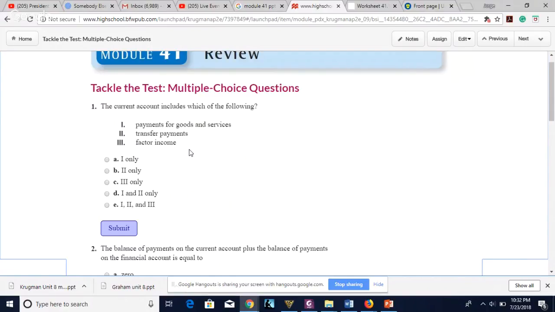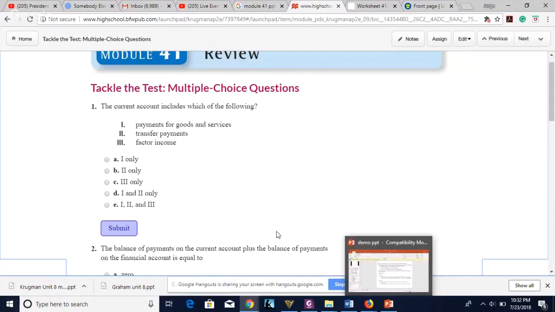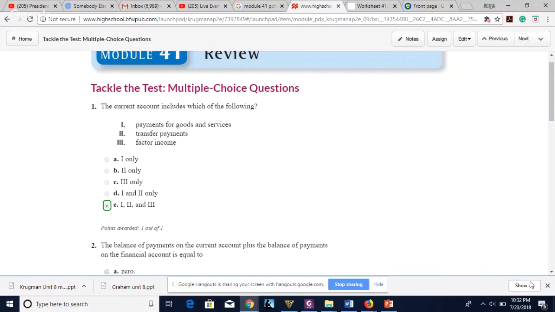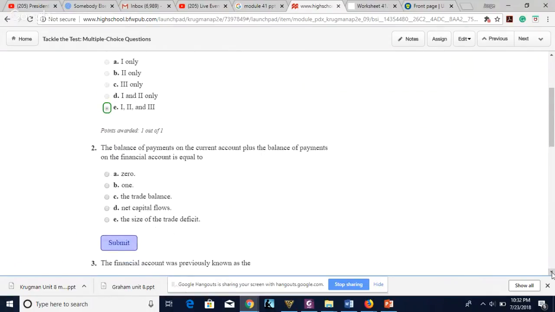Payments for goods and services, transfer payments, factor income. I would say 1, 2, and 3. And we just learned this initially, right? So let's do 1, 2, and 3. Let's do E. I guess that's the one. So let's check. That's the answer.